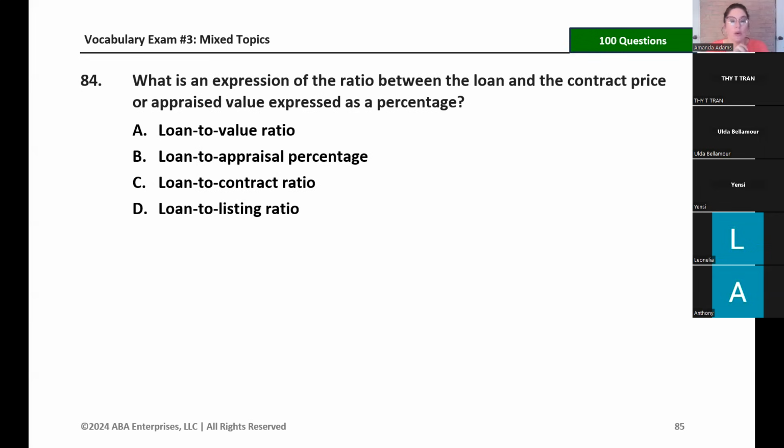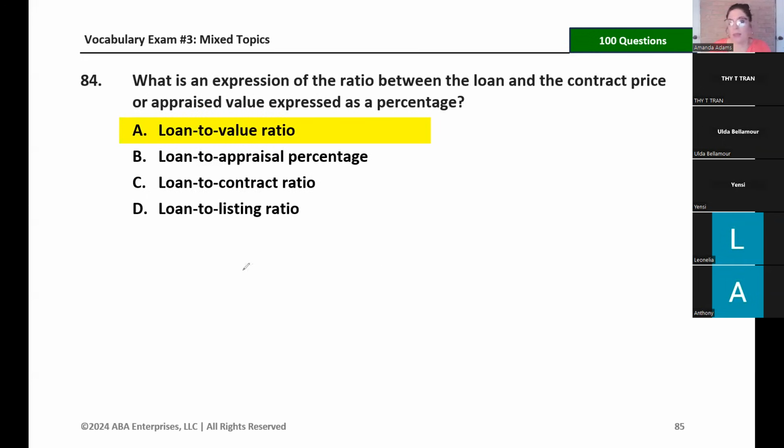Number 84. What is an expression of the ratio between the loan and the contract price or appraised value expressed as a percentage? What's that called? That is A, your loan to value ratio.